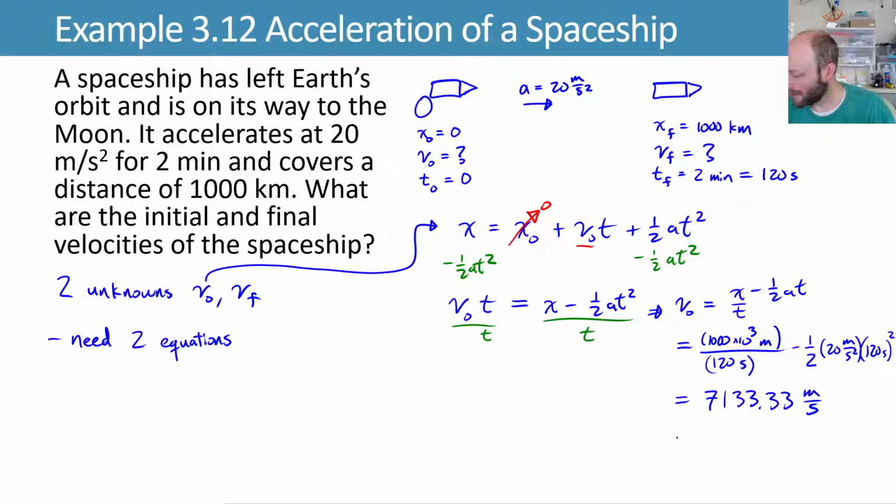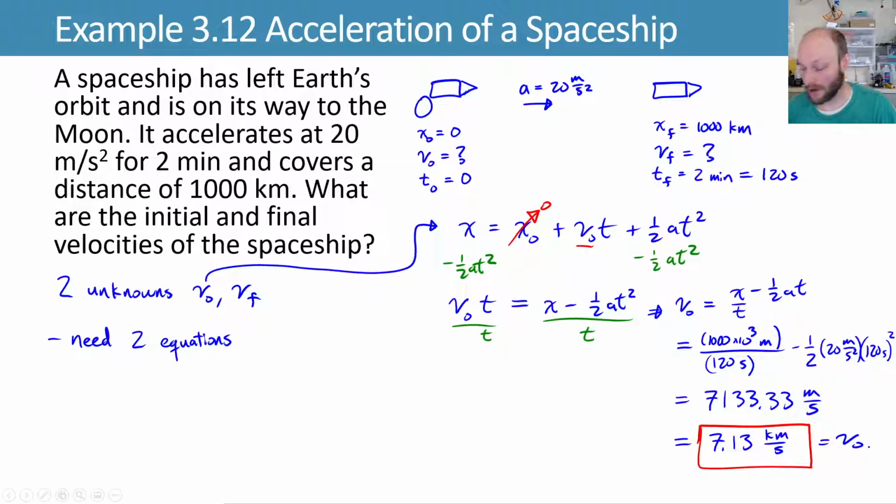I'm probably more inclined to write that as 7.13 kilometers per second, using 1,000 meters is 1 kilometer. So far, so good. So that's our V naught. That's what we start at.